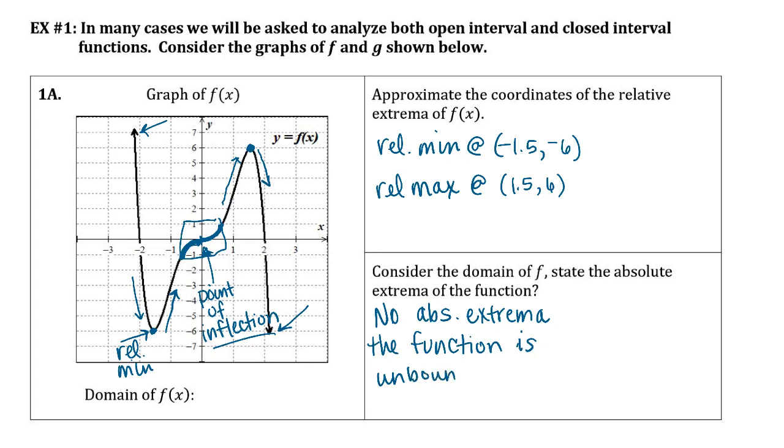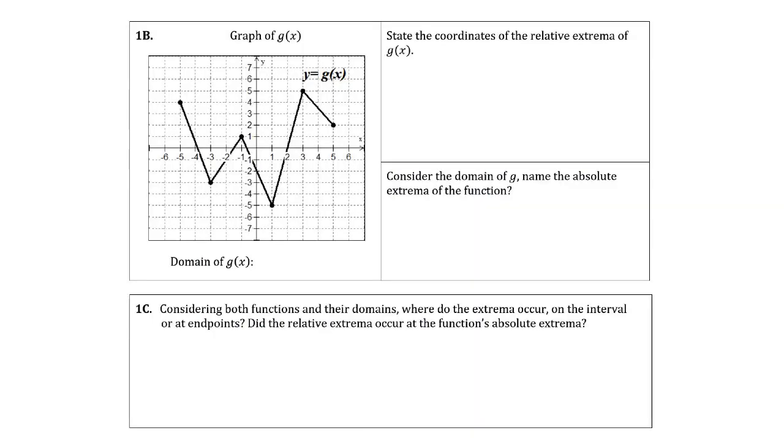Okay, let's go ahead and look at another example. Okay, now let's look at the graph of g of x. Now g of x wants us to state the relative extrema.